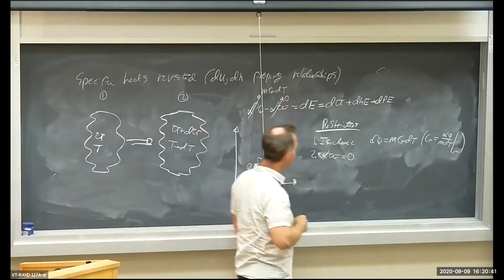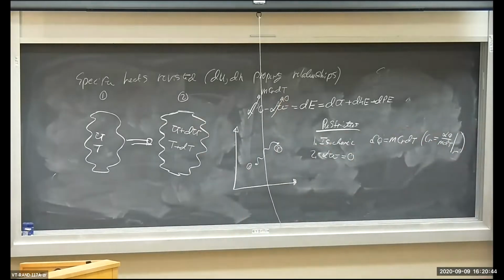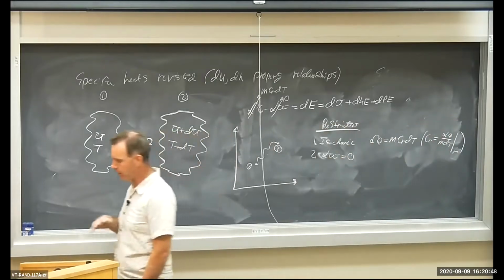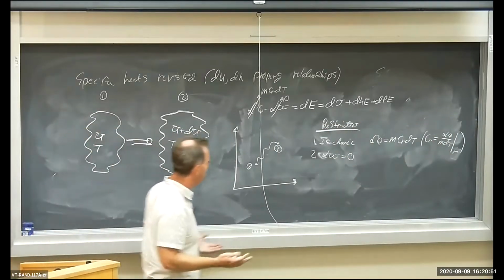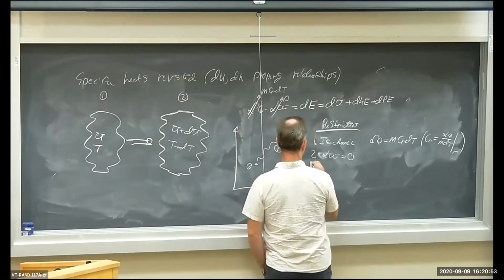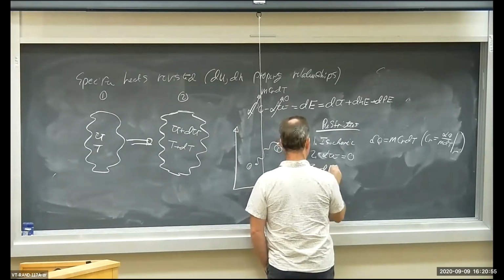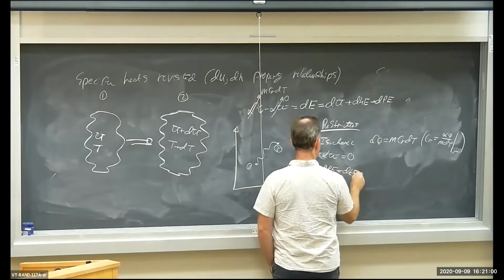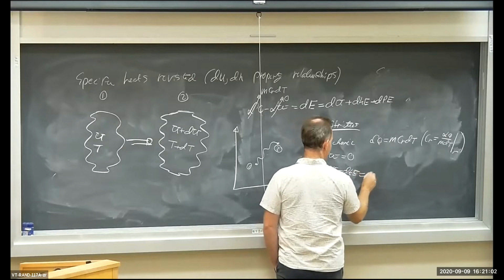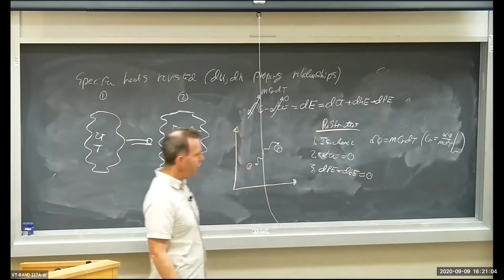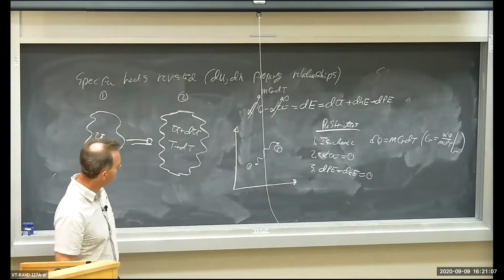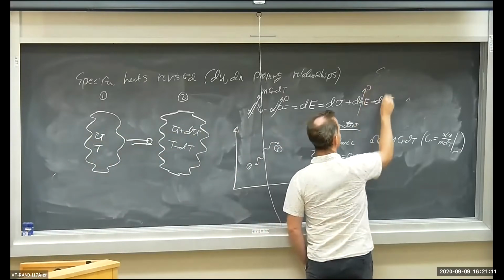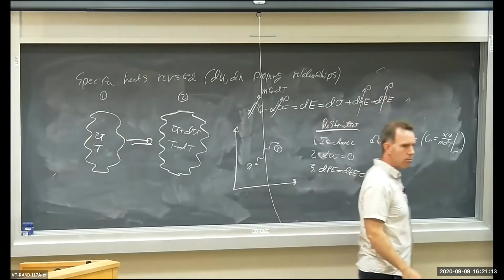Let me load up a couple more assumptions. Let's say that the system is not moving, it's not accelerating, it's not changing position, it's just sitting there. So dKe and dPe, the changes in kinetic and potential energy, are both equal to 0. The system isn't moving, so I'm going to get rid of these terms.